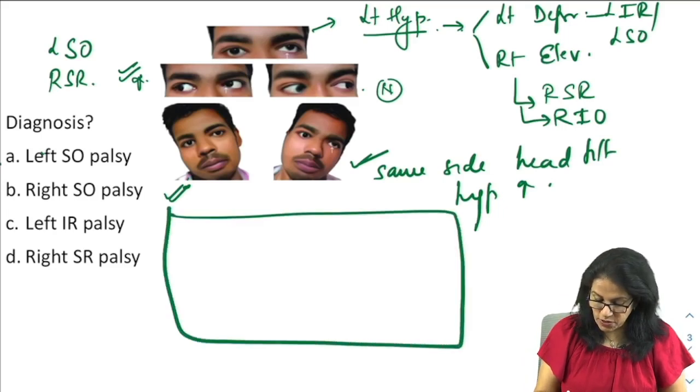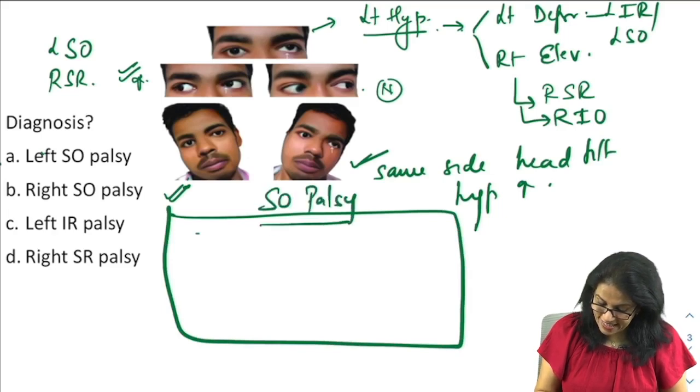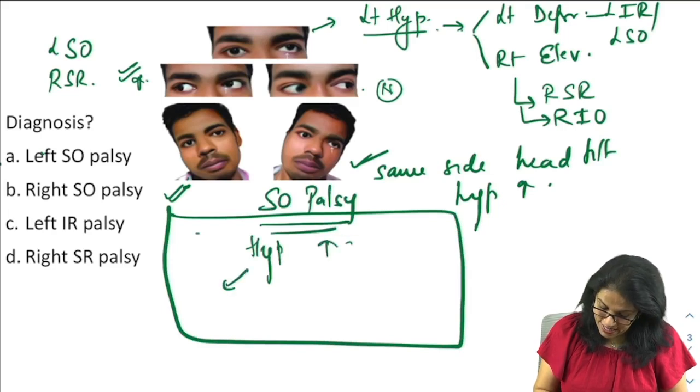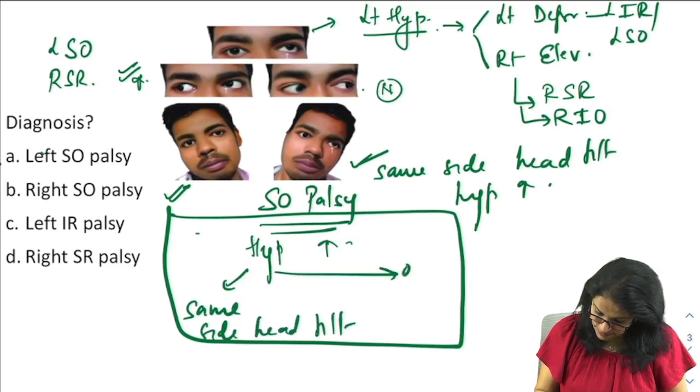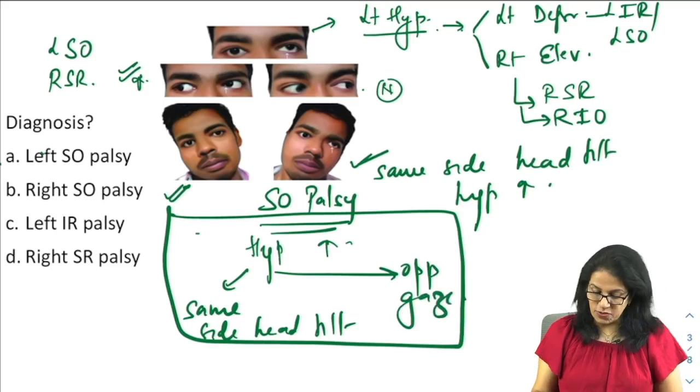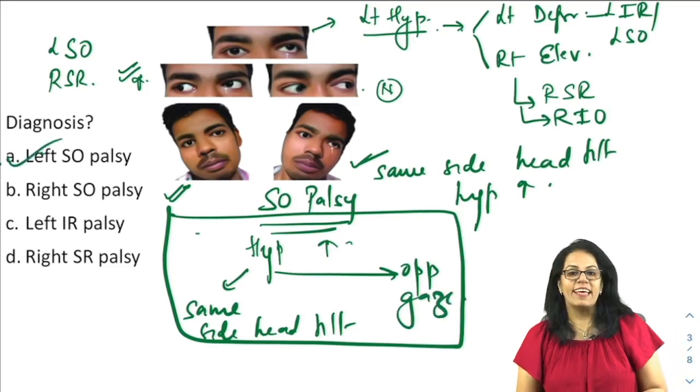They are only focused on SO palsy, that in SO palsy, hypertropia is going to increase on same side head tilt and opposite gaze. So here the answer becomes left SO palsy.